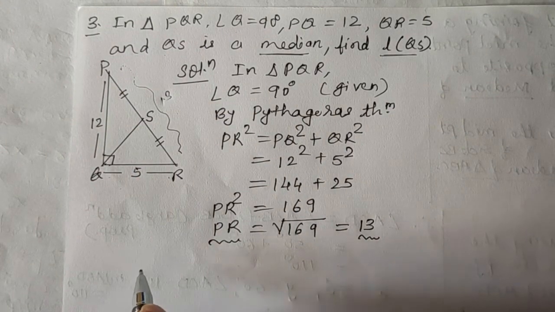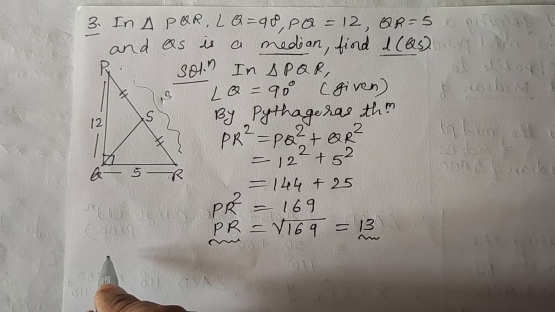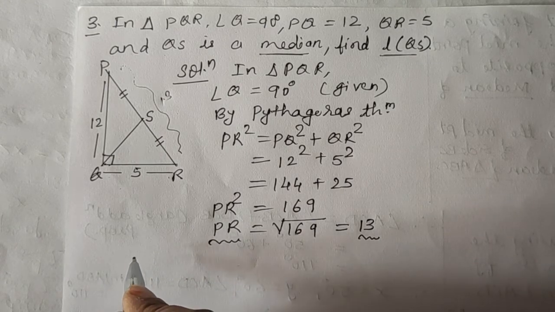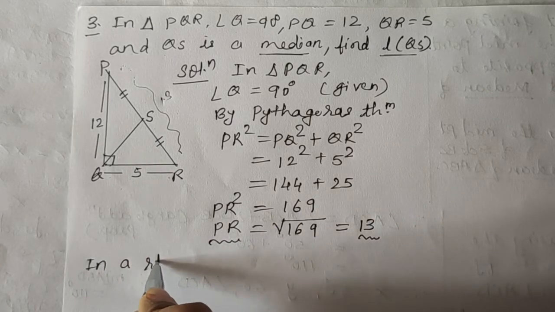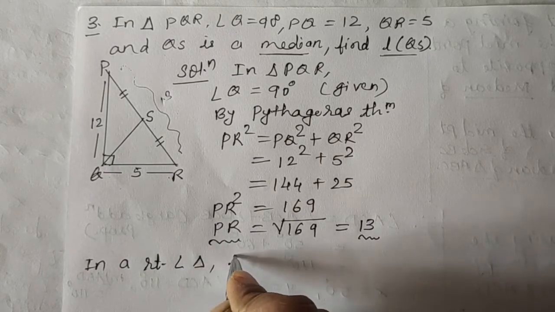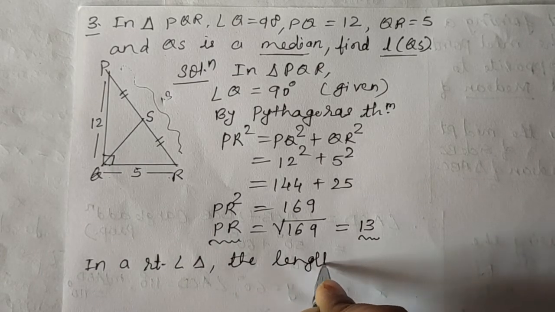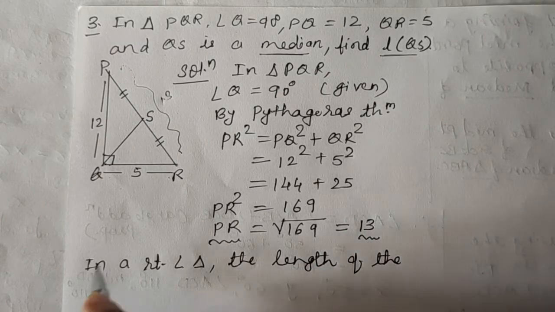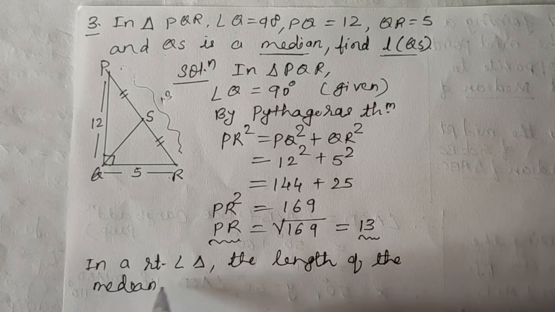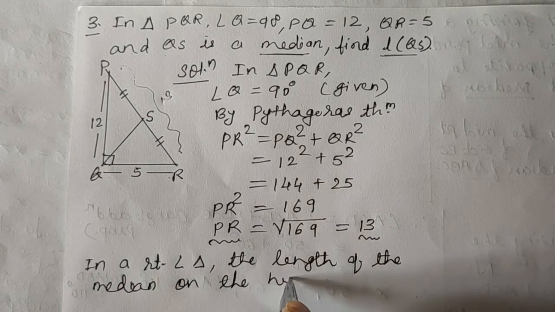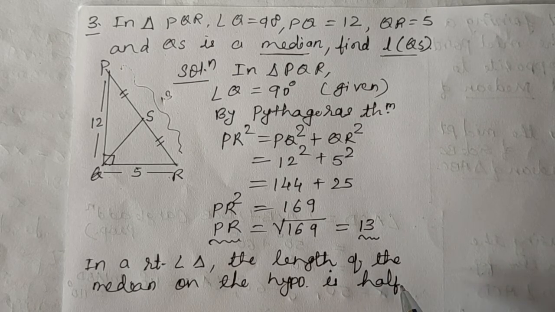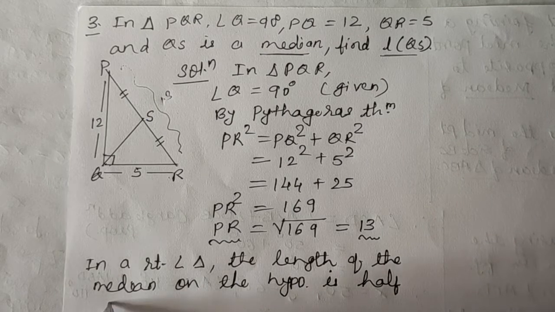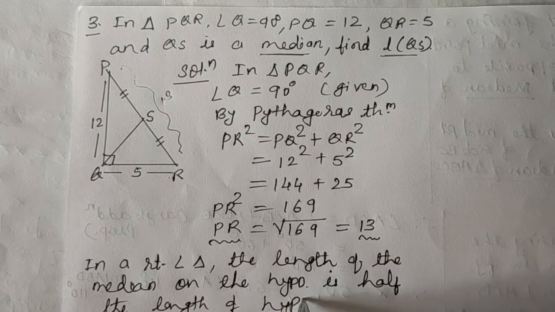Now let's use the theorem, that is, the property of the median drawn on the hypotenuse of a right angle triangle. So let's write that. In a right angle triangle, the length of the median on the hypotenuse is half the length of the hypotenuse.